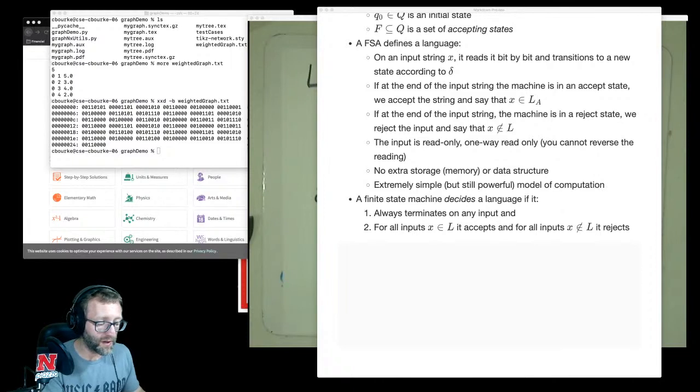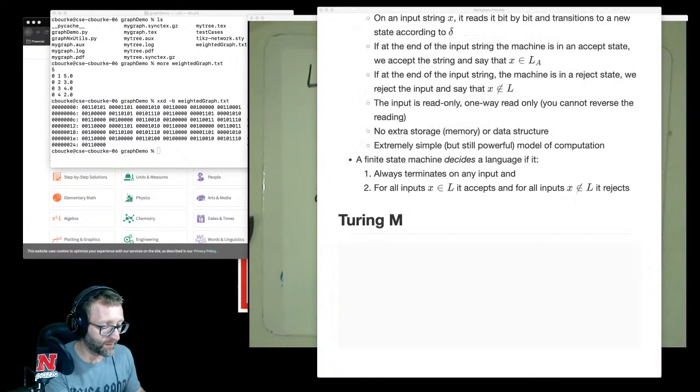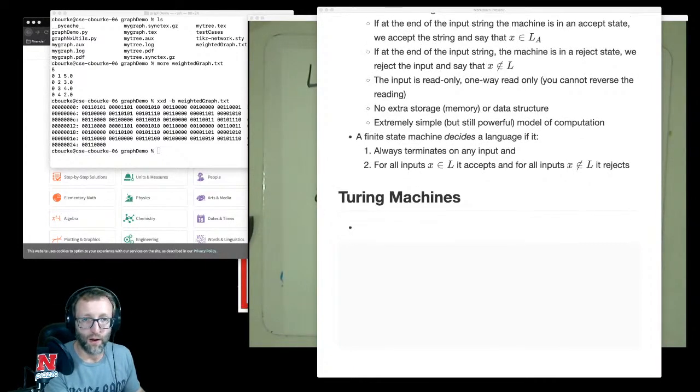What we need to do is introduce another, more powerful model of computation, and those are going to be Turing machines. Named for, of course, Alan Turing, who came up with the idea, and also the Church-Turing thesis, which is basically what we're talking about right now. Church comes into it because of lambda calculus, so we have to give due credit to everybody.